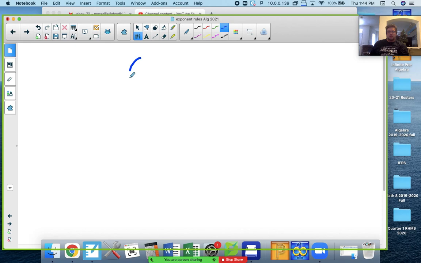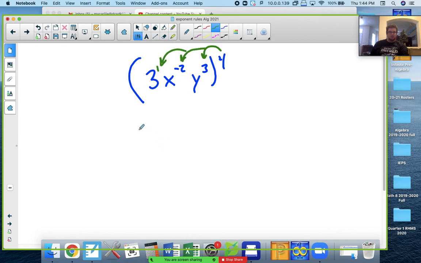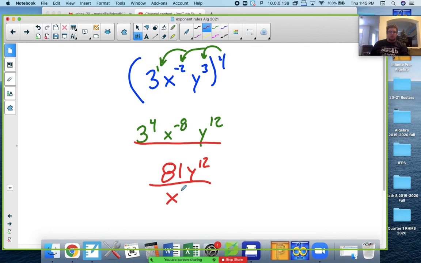If we have negatives, nothing changes. The 4 is going to multiply every single power. At the end of our problem, we have to make sure that all negatives have been moved to their correct location. So in this case, 3 to the fourth is 81. Y to the 12th stays on the top. The x moves to the bottom.